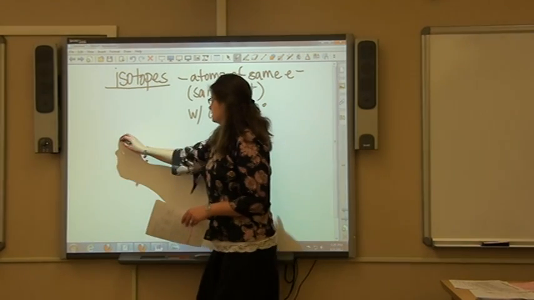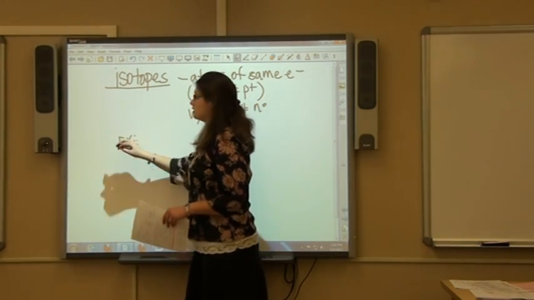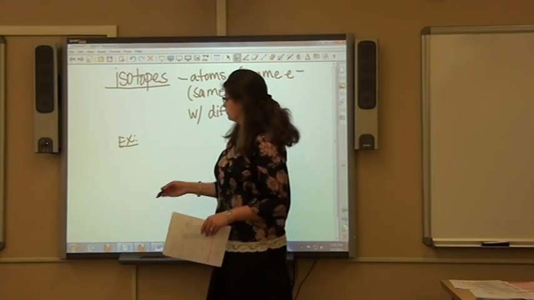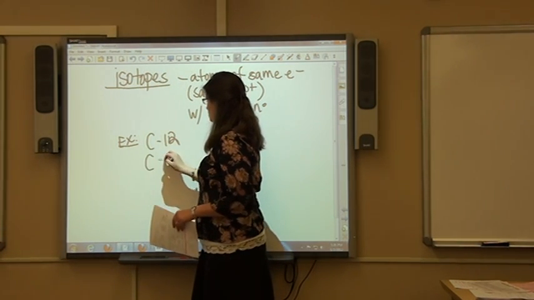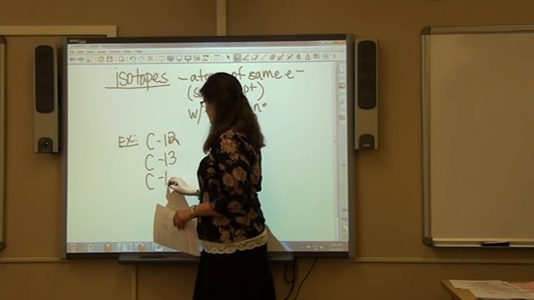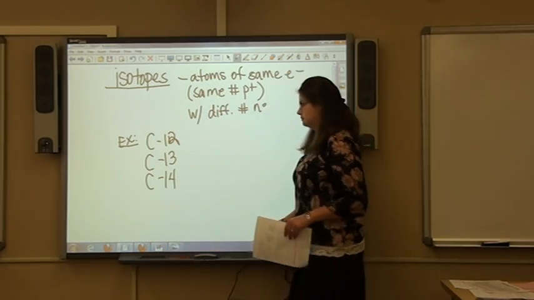An example of this are the three forms that carbon can take in nature. There's carbon-12, the most prevalent, carbon-13, and carbon-14.